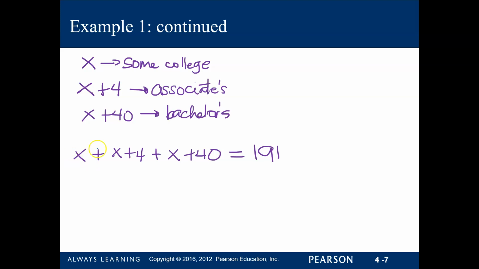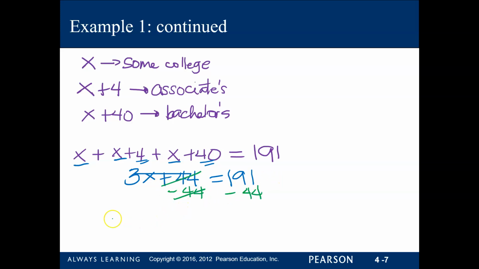And so from here, can we solve for x? Yes. Okay? Well, first thing, we need to combine. How many x's do we see? We have 3 x's, and we can combine our 4 and 40, which is going to be 44, is equal to 191. Now, we only want x on this side, so we need to subtract 44 on both sides. So this will become a 0 on this side.